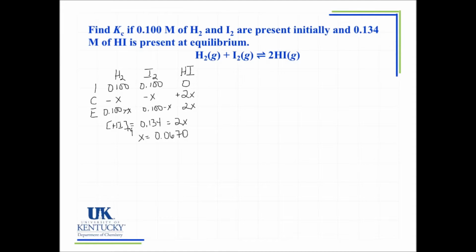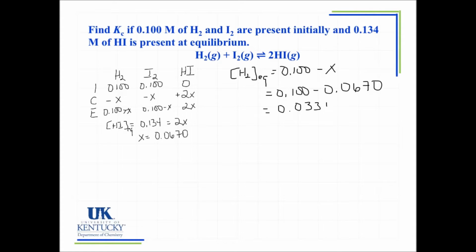So let's set that up to solve for those. I look back at my ICE table, I look at the equilibrium row, and I see that the concentration of H2 at equilibrium was equal to 0.100 minus x. I substitute in the value I have for x, which is 0.0670, and what I find is that my equilibrium concentration of H2 is 0.033 molar.